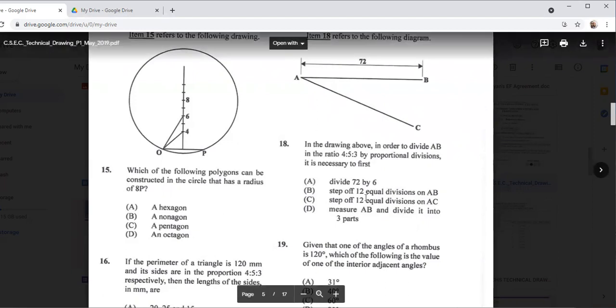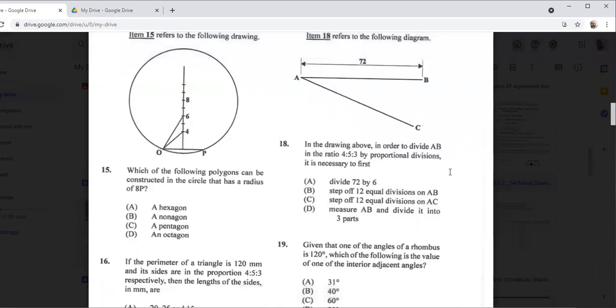So we have 4 steps. I'm giving you some time to think it through, about 30 seconds. What would be the first step? Sir, I'd say C, sir.